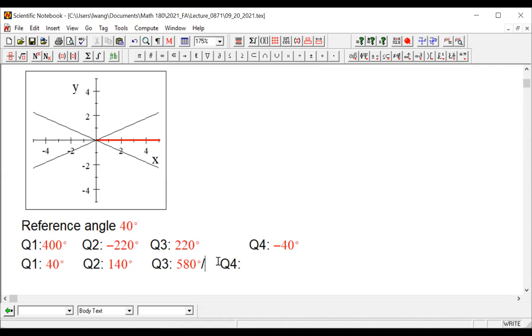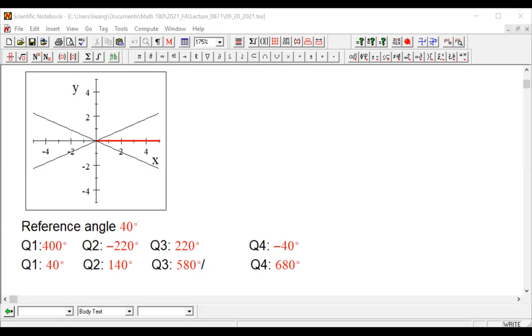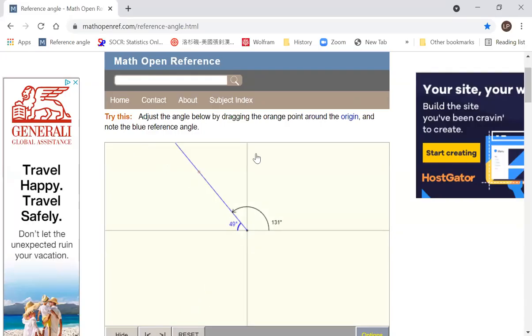All right, 580, and there are many more. Quadrant 4. All right, Kelly gave an answer of 680. Let's see if Kelly gets it right. 680 degrees. Okay, let's measure 680 degrees from the standard position, everybody, that's the point.